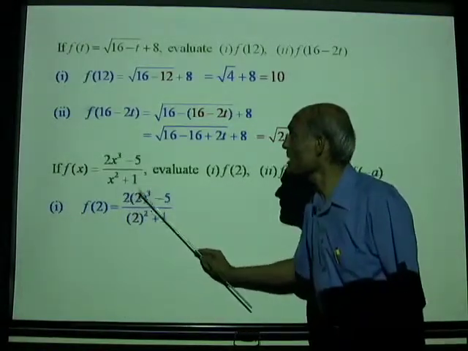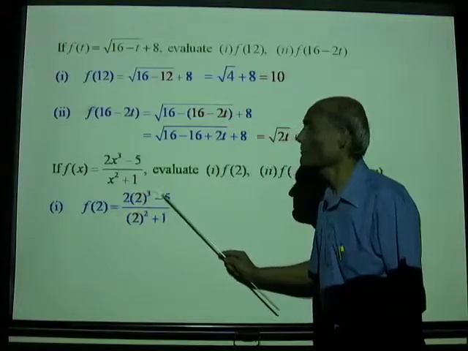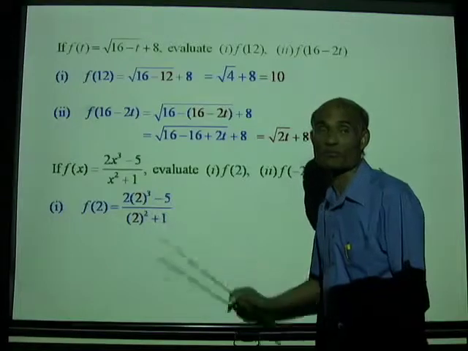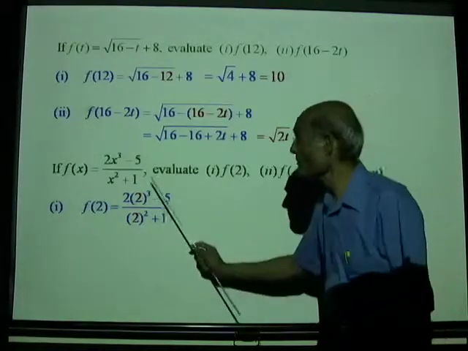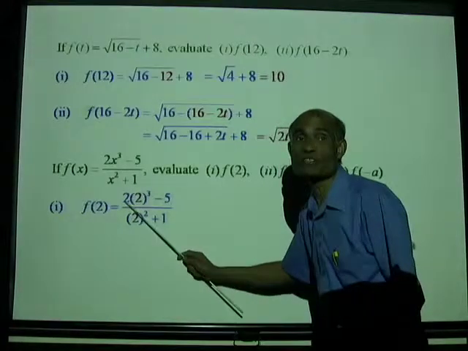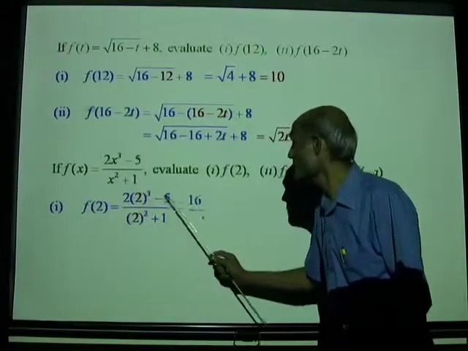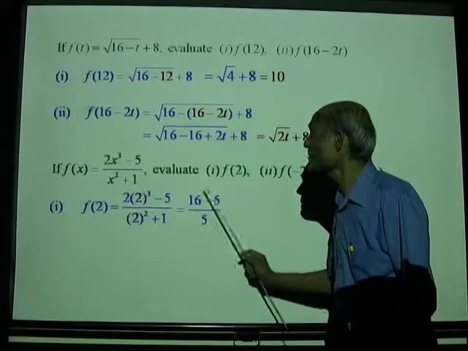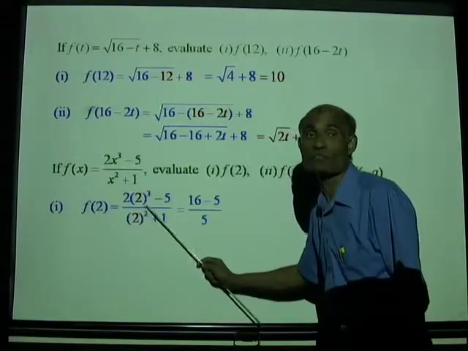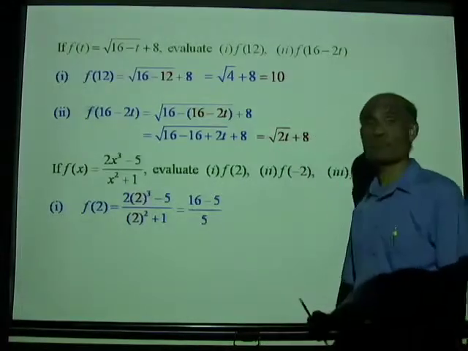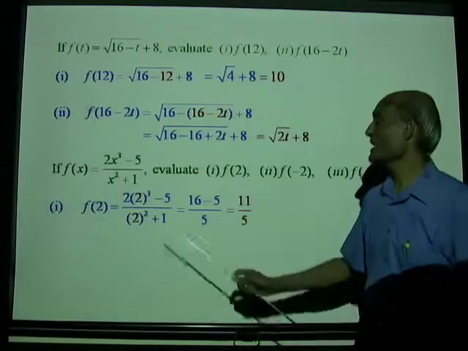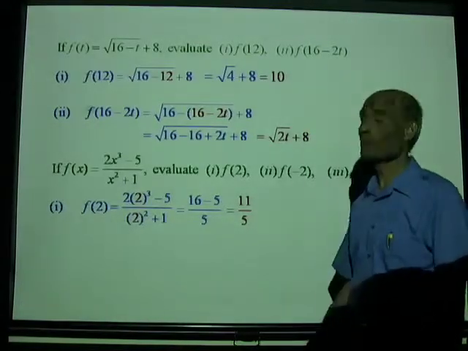That will be 2 times 2 cubed minus 5 divided by 2 squared plus 1. Simplify that. 2 cubed is 8. 8 times 2 is 16. So that will be 16 minus 5. And on the denominator, 2 squared is 4 plus 1 is 5. That gives you 11 over 5 as f of 2.